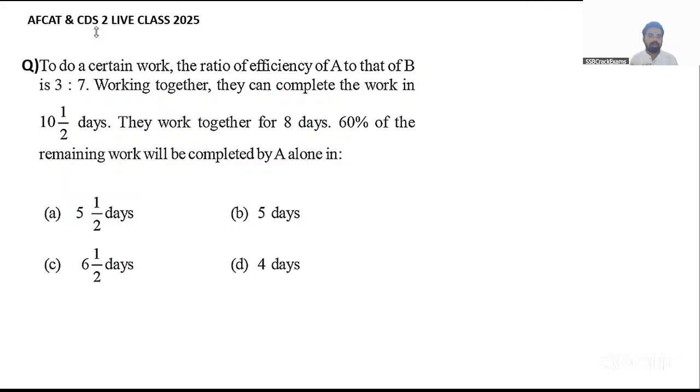What is meant by efficiency ratio? When A and B work together, their 1 day work will be 10 parts per day. The efficiency ratio is 3:7, so A plus B's 1 day work is 7 plus 3, which is equal to 10 parts per day.